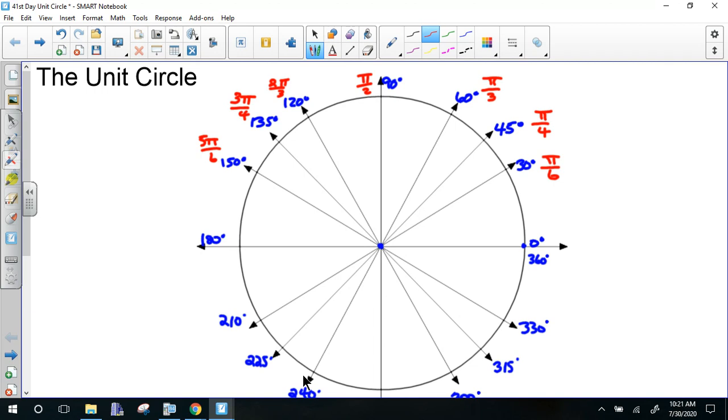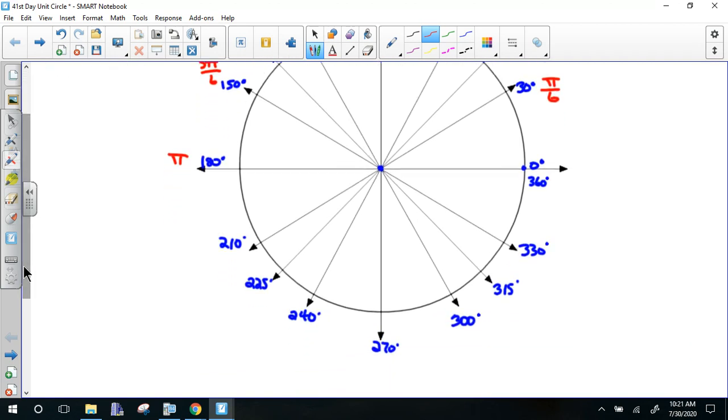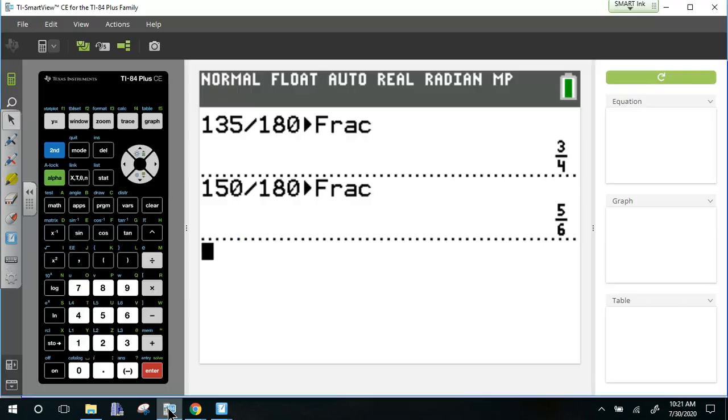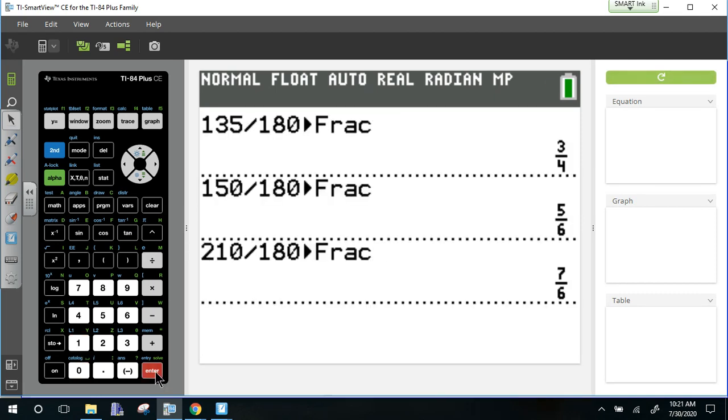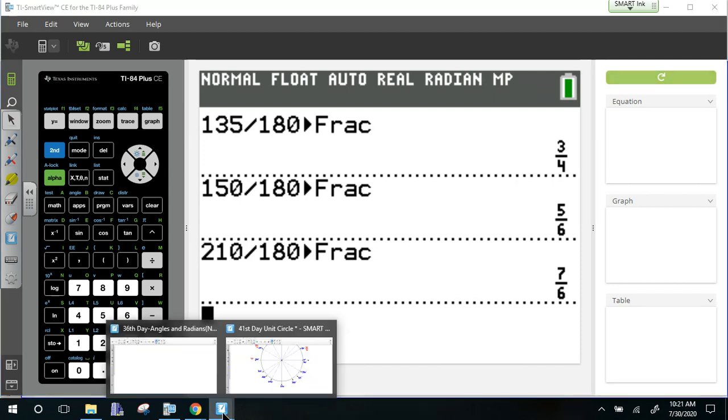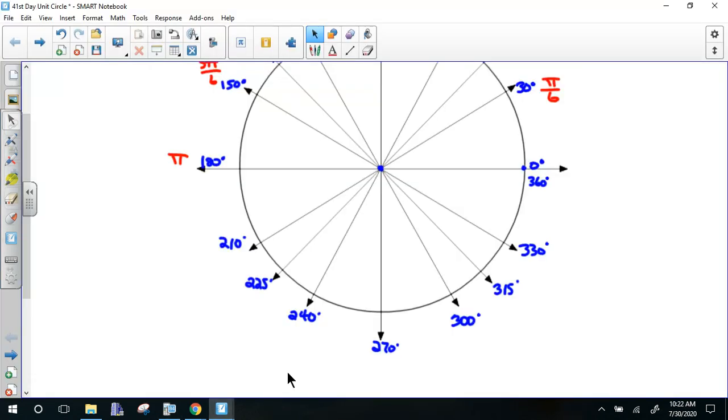180 divided by 180 is 1, so this will be pi. Let's go ahead and do 210 divided by 180. Math, enter. We get 7/6. So this will be 7 pi over 6. 225.